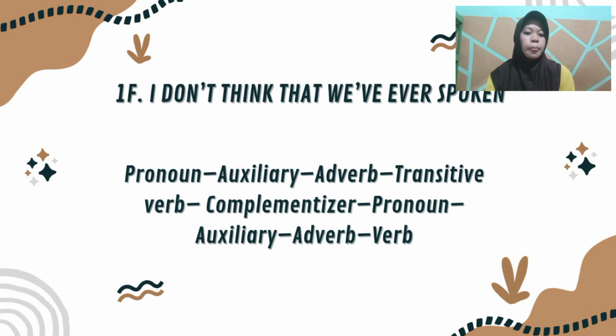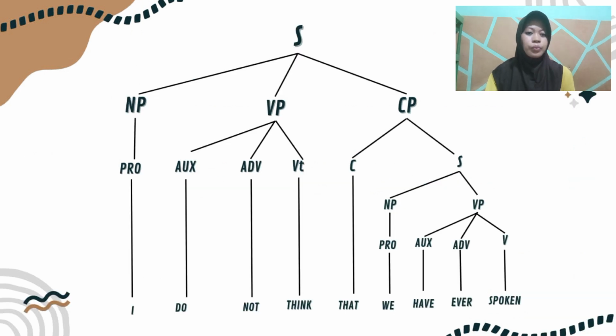From S, the structure branches into three main nodes, namely NP, VP, and CP. These three nodes represent the main components of the sentence. NP, or noun phrase, like I; VP, verb phrase, like do not think; CP, complementizer phrase, like that we've ever spoken.